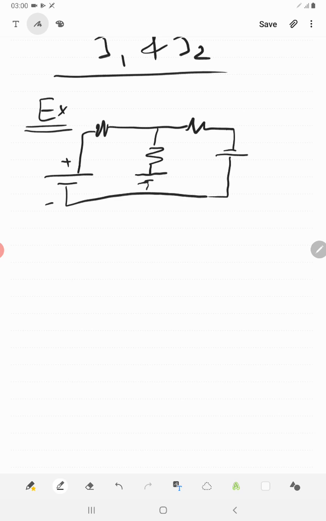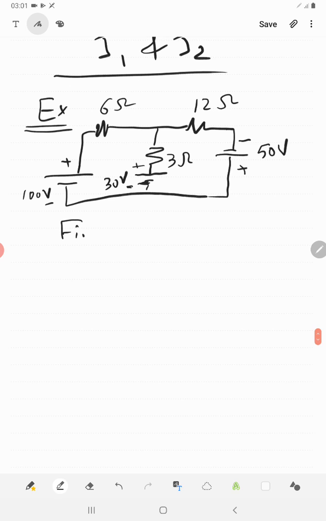Plus, minus, let's have here 100 volt. Let's have here 6 ohms, 3 ohms, okay? And let's have here, let's say, 12 ohms, okay? Minus, plus, let's assume here we have 50 volts, and minus, plus, 30 volts, okay?